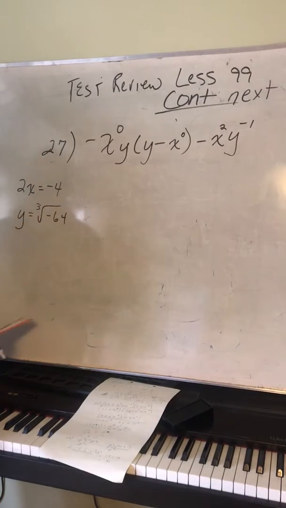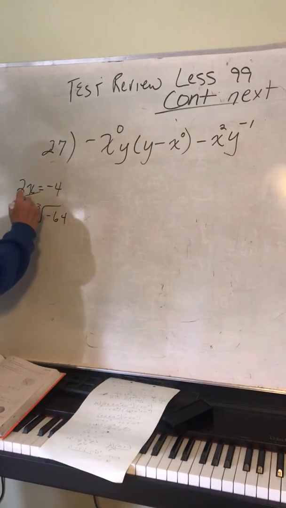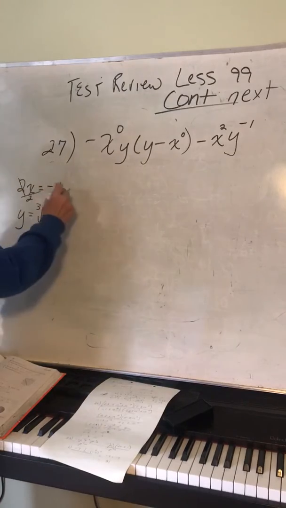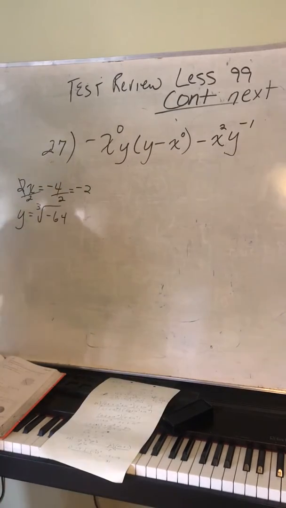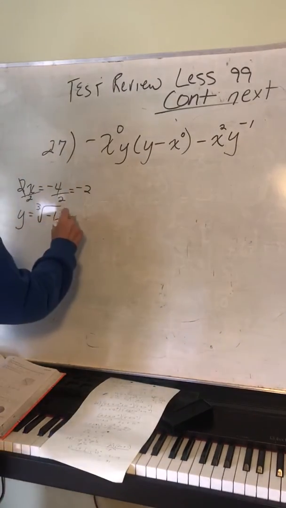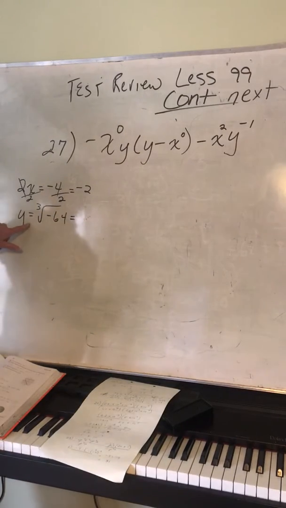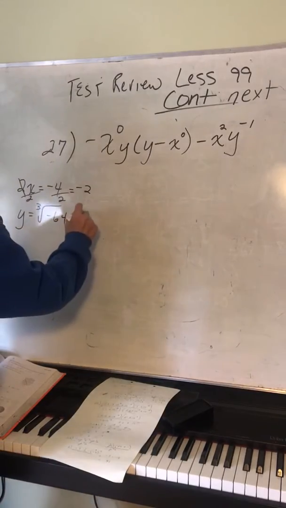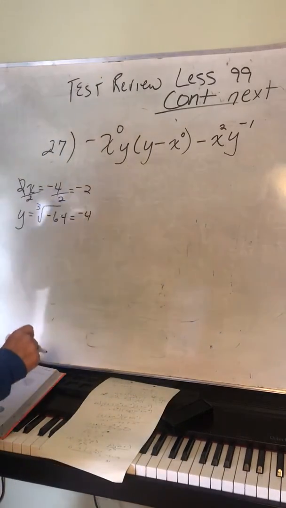So here x will equal -2, and here y will equal the cube root of -64, which is -4. So we're going to put those numbers in.